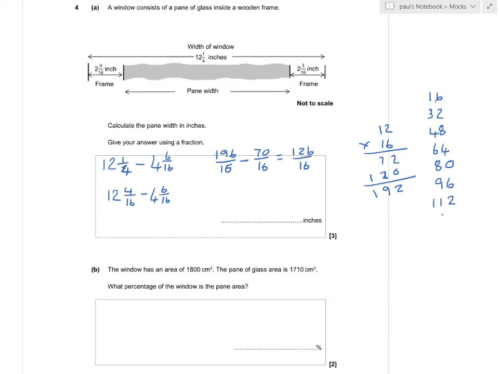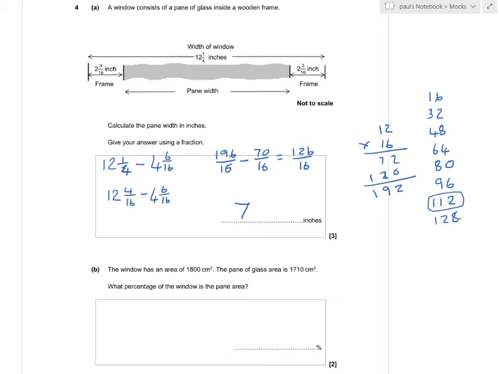Another 16 onto that is 128, too big. So 112 is right. So 1, 2, 3, 4, 5, 6, 7. So that's 7, and we've got 14 left. Now it can't be 16, can it?